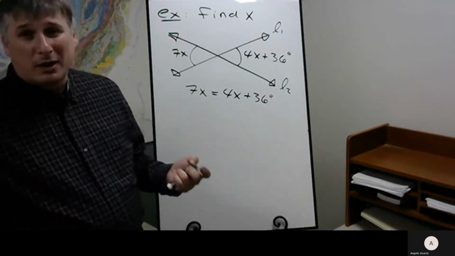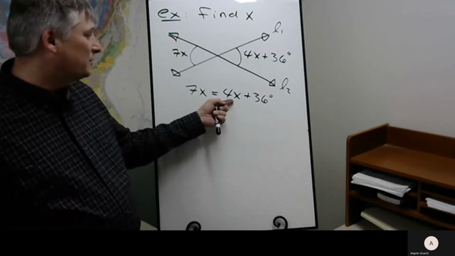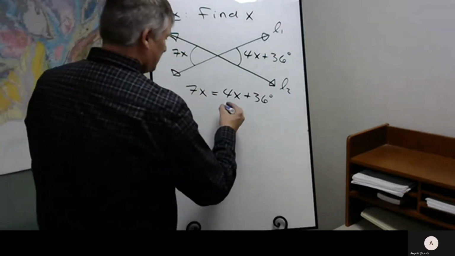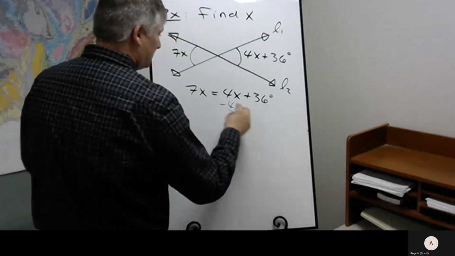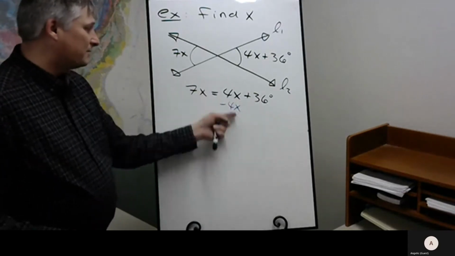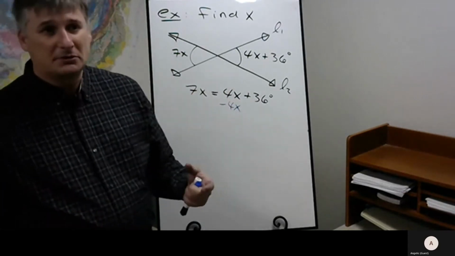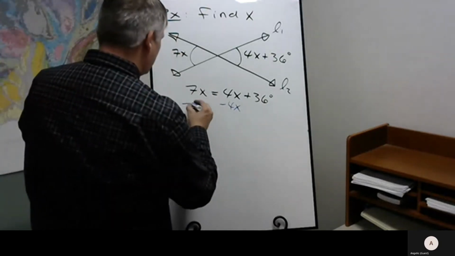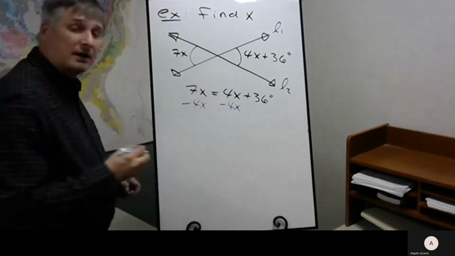But we only want x on one side. So we could cancel this term if we have a positive 4x, subtract 4x. 4 minus 4 is going to be 0. So this will become 0. 36 plus 0 is, well, it's still 36. But what we do to one side, we've got to do to the other.